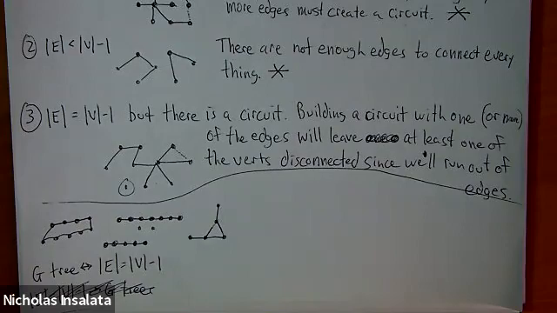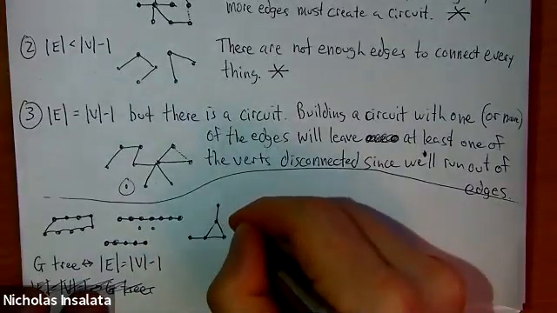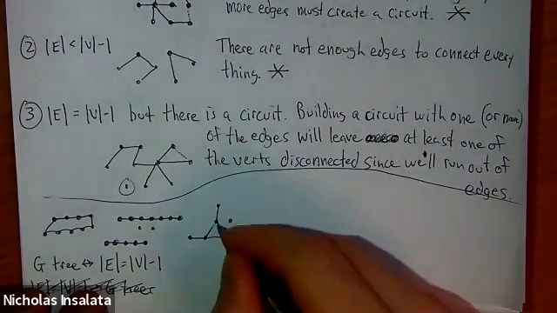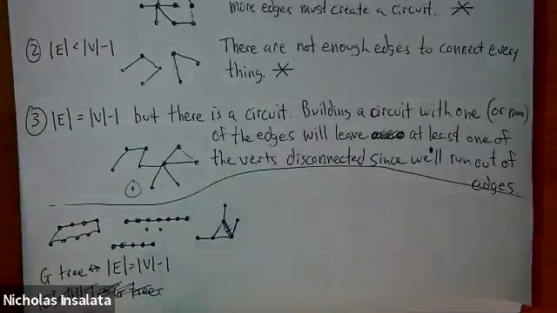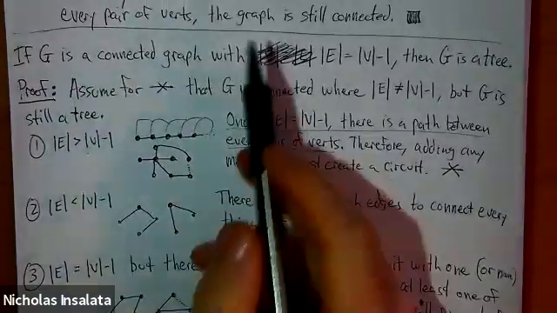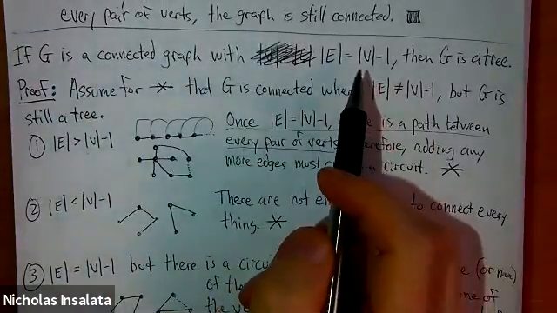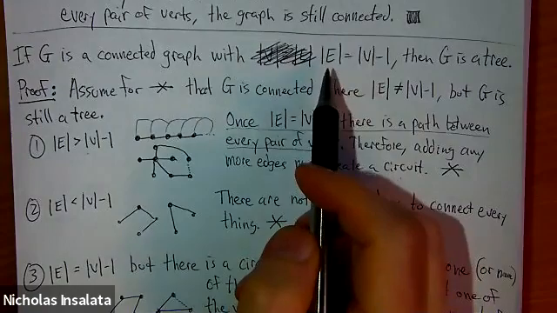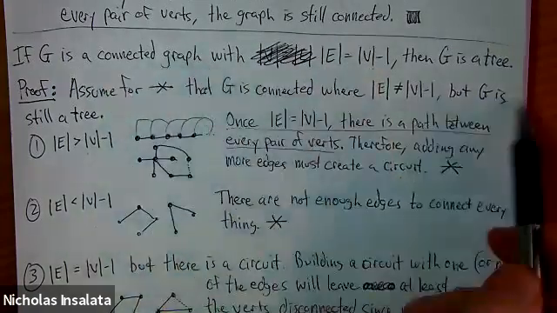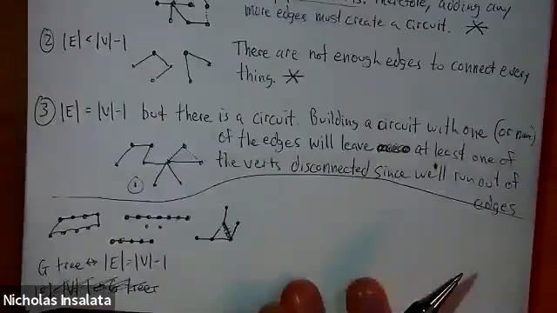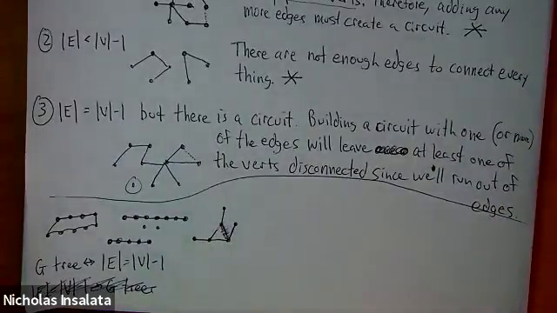Okay, so if we add that 6th vertex, what we'd have to do is take one of those edges away and reorient it over here to keep everything connected, but that's going to kill our circuit, right? So that one would be in contradiction to this proof, right? If the number of edges is 1 less than the number of vertices on a connected graph, it has to be a tree, which means it can't have a circuit. Nice. Okay, good. So we got there. Awesome.